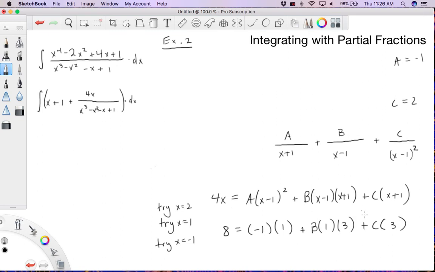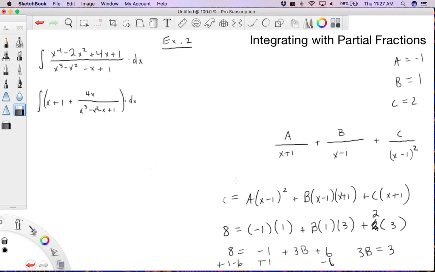Oh, I'm sorry. C should be 2. Okay, so we get 8 equals -1 plus 3b plus 6. Well, we can add 1 and subtract 6. That's going to be 3b equals 3. So that tells me b must be equal to 1.